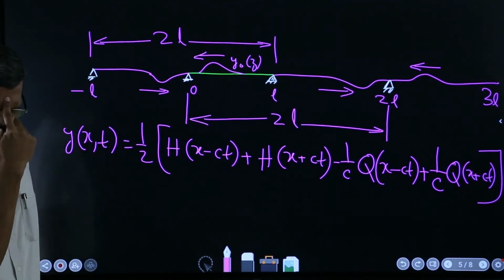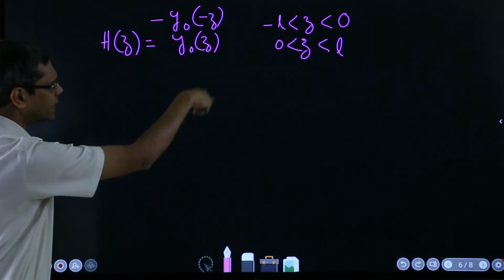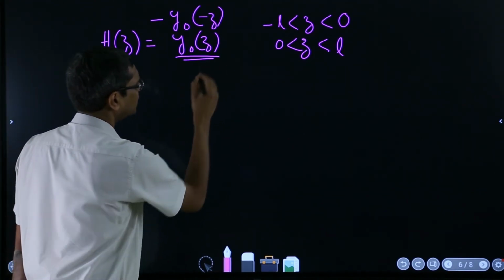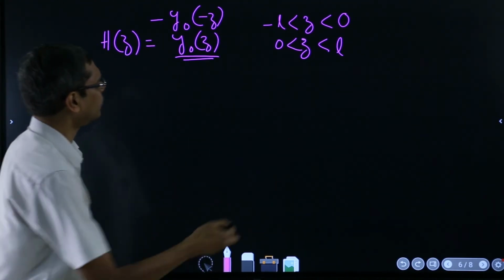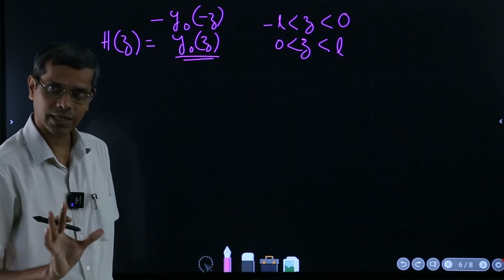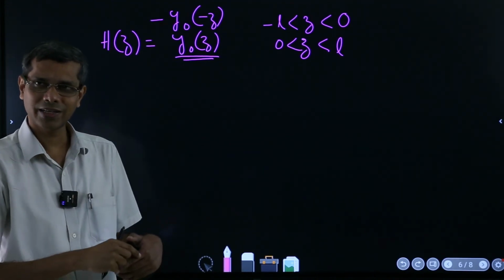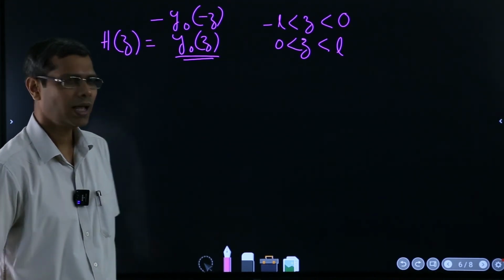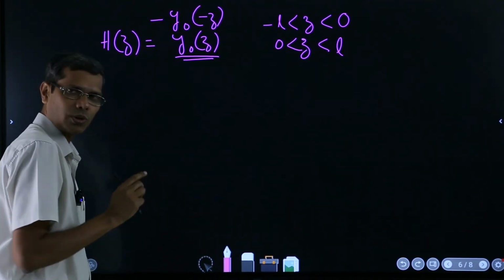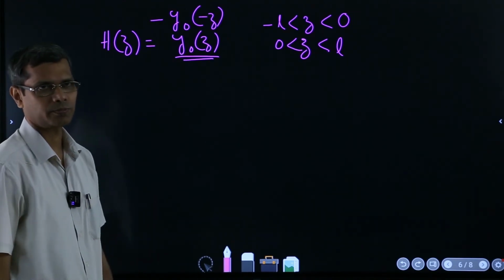Sometimes it comes to your mind, why are we writing like this? This is because this part is defined only for the physical domain where the physical string is available, but our function has to be defined from minus infinity to infinity, and that's why we are defining it like this, so that once you apply this to the domain 0 to L, you get the solution.